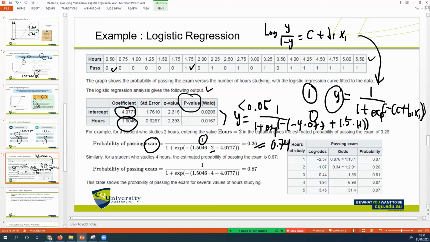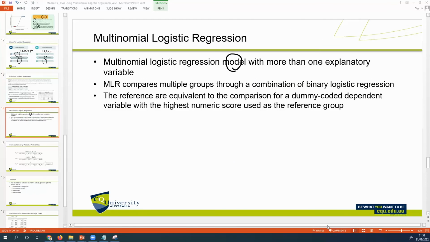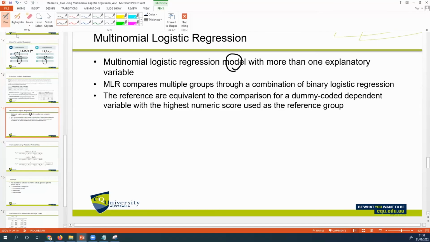What about if the hour is 4? The probability of passing will increase to 0.87, and the probability of failing will be 0.13. This is the binary logistic regression. All right, let's continue with multinomial logistic regression.